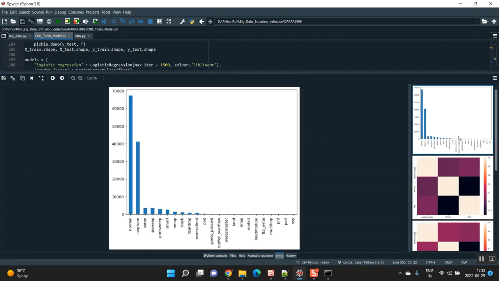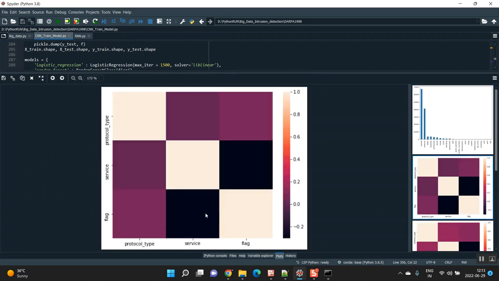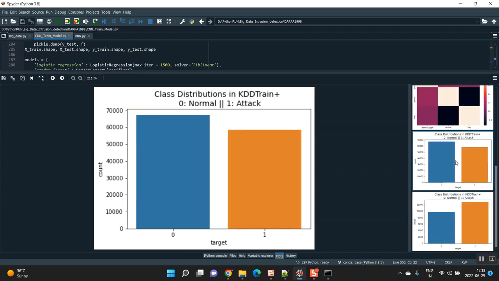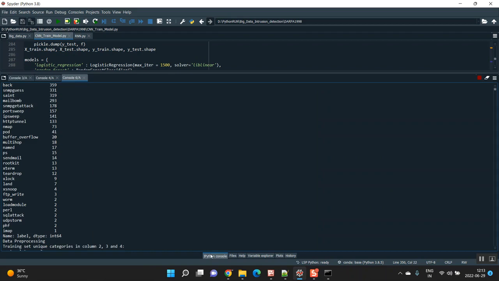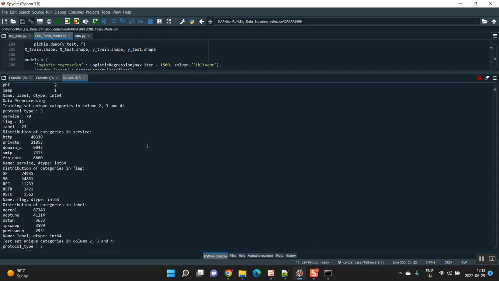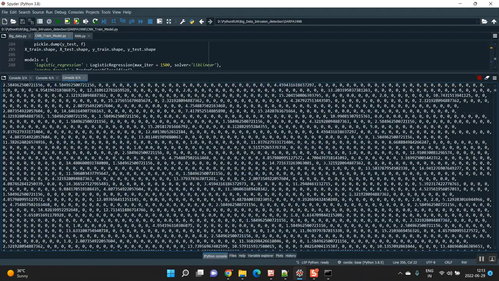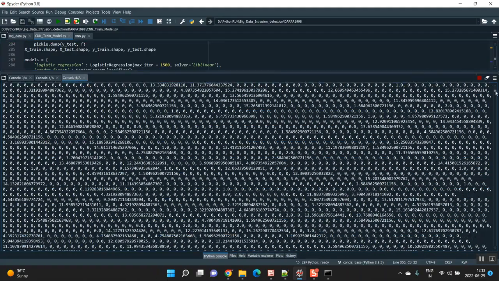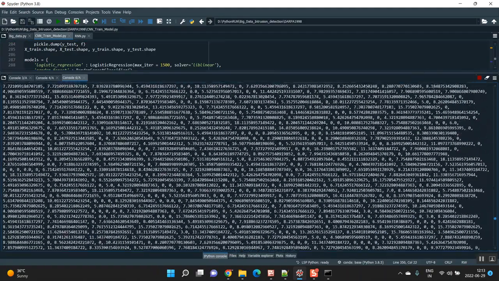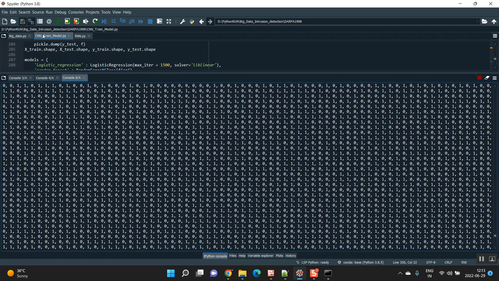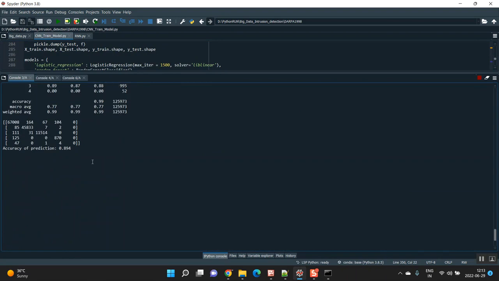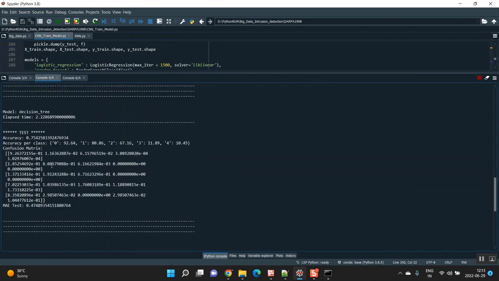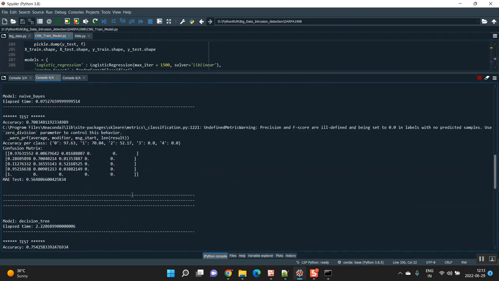I am segregating here based on flag, protocols, and services, and for the overall data set, how much has been trained and tested, everything we are calculating. Finally it will calculate with RNN, and it will provide you the result. The loading time will be high.